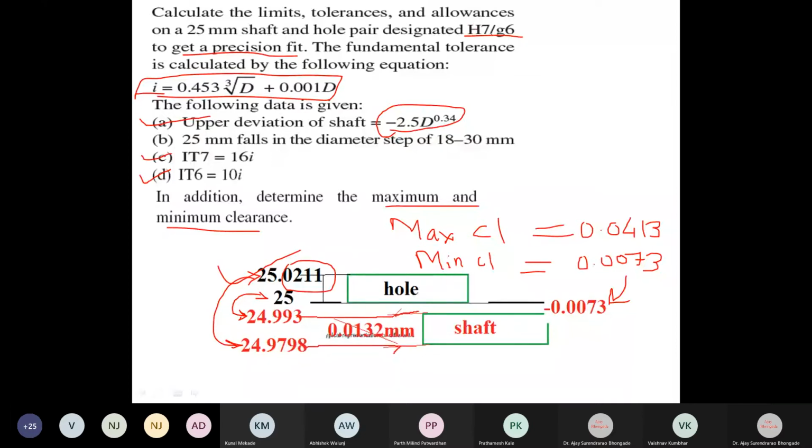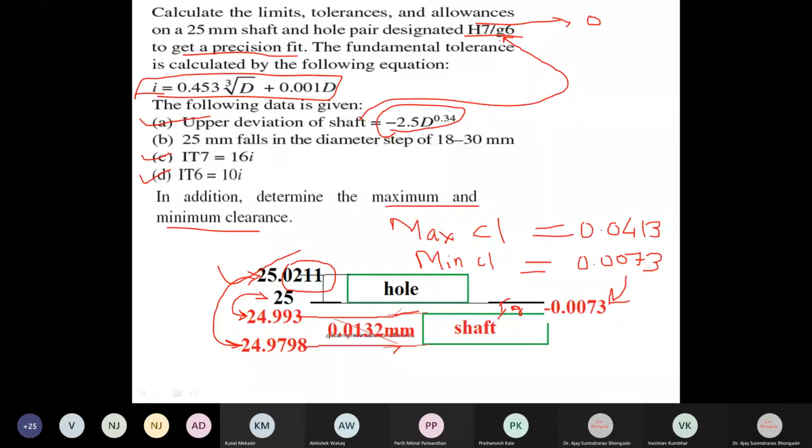Now see, the upper deviation of the shaft is nothing but the value of this particular G here. The upper deviation of the shaft is the fundamental deviation, right? This is the fundamental deviation of the shaft, which will be given by the letter G here. Since we know that H lies on the zero line, H is nothing but 0 here.